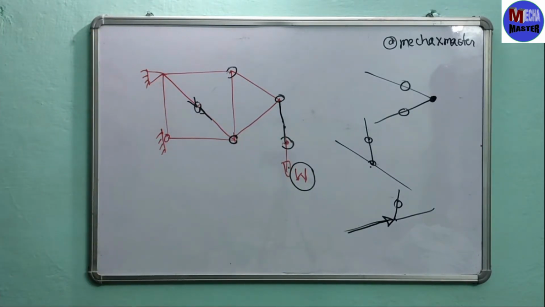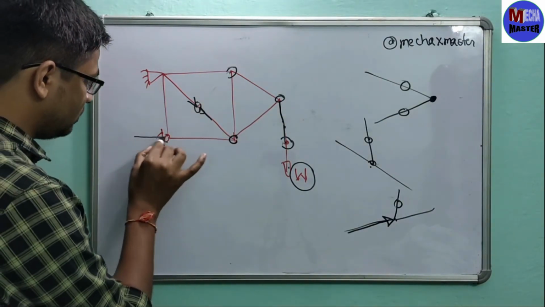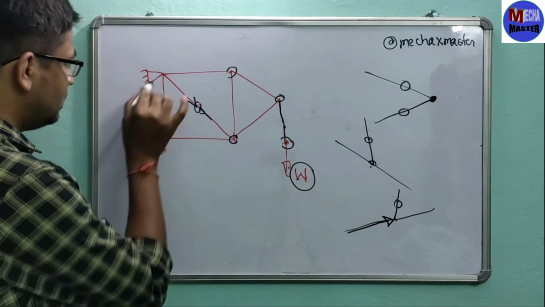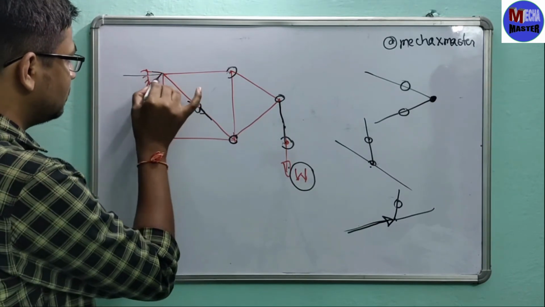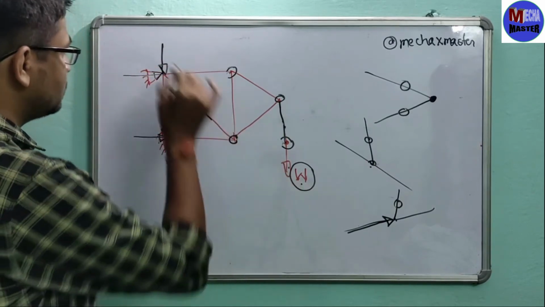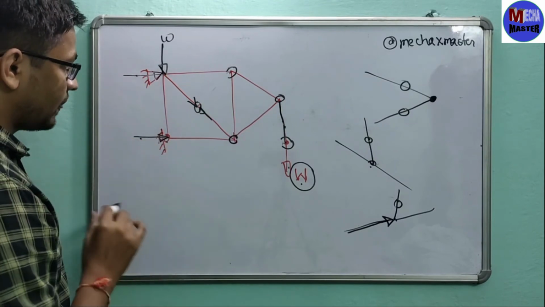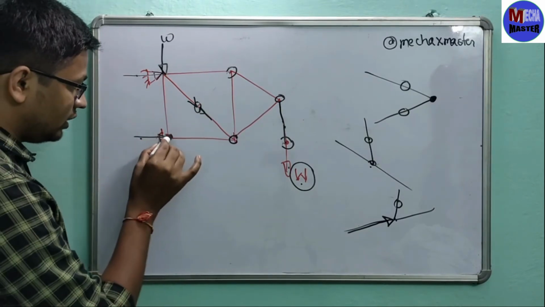Now how many zero force members remain here? For finding this, you have to draw the reactions. So see, this is the roller support, so this will give only 1 reaction and this will give 2 reactions. Since there is a vertical force, this will also be W, and for this you have to solve.